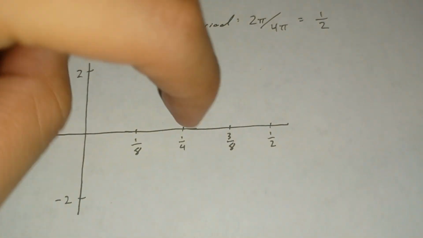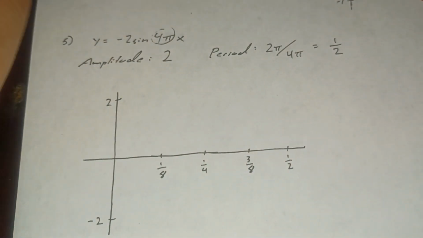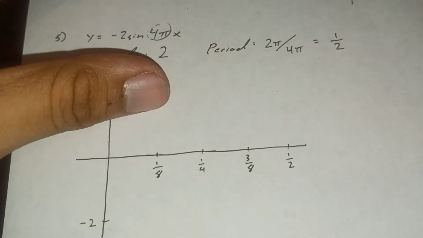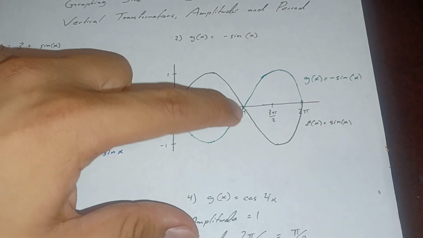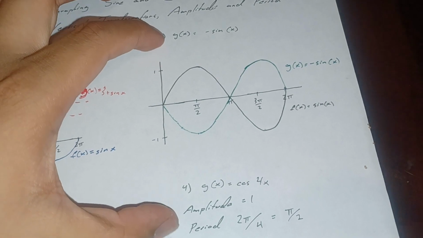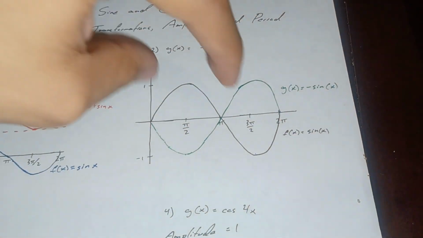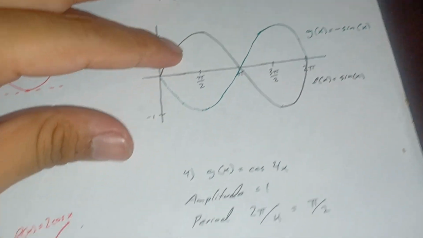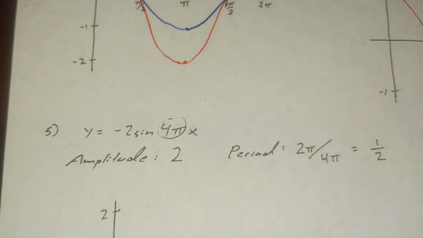So now we have basically our period set up. So we see that the normal sine function here goes like this, black line right here, goes like that. But this one's asking for an amplitude of 2, so it's going to increase by an amplitude of 2. Again, we already found our period of 1/2. But we have here that it's a negative 2 sine of 4 pi x.